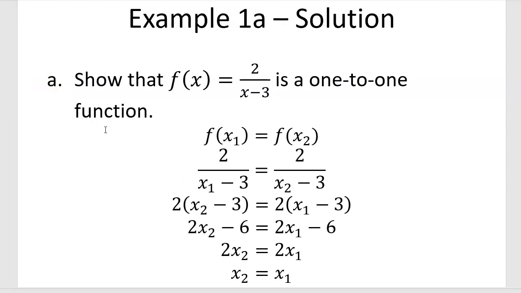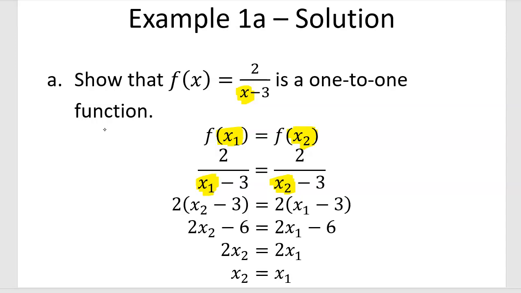The way they're showing you in this next solution is they are using the method that I just discussed. They are putting in an x sub 1 and an x sub 2, and simplifying the expression down. In the function itself, you have an x in the denominator, and you can see on the left side they're replacing that with an x sub 1, and on the right side with an x sub 2, and then they simplify this expression down.